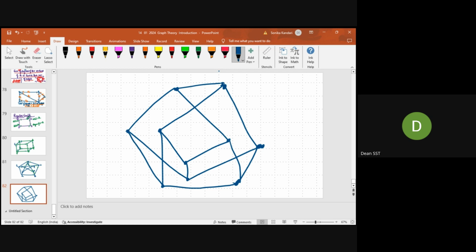Are the degrees the same or not? 1, 2, 3 for each vertex, E, F, G, H, I, J. Yes, it is a regular graph. All the vertices have 3 degrees. Clear? Now let me give you one more example.